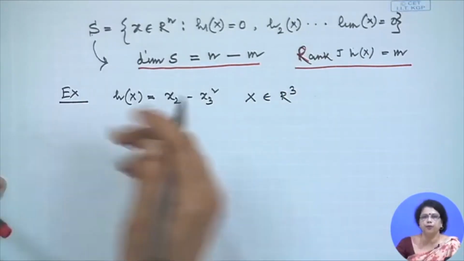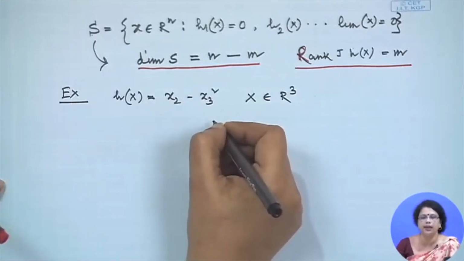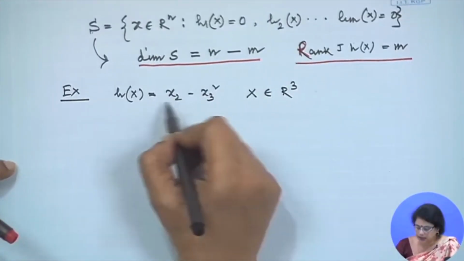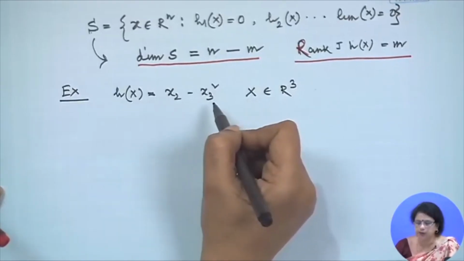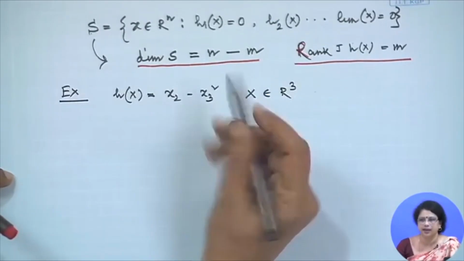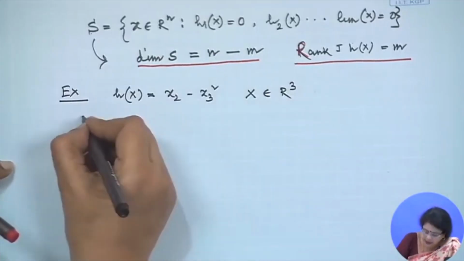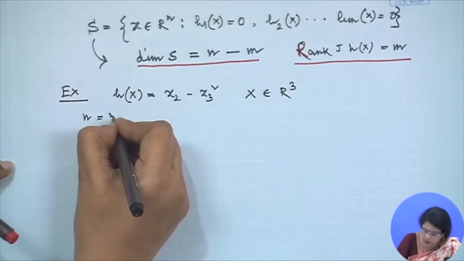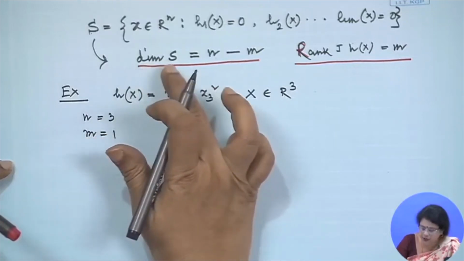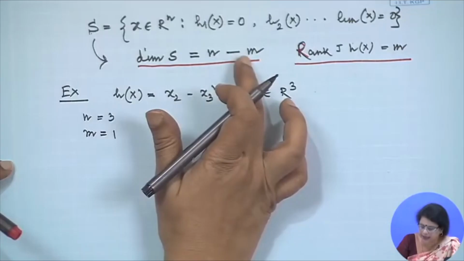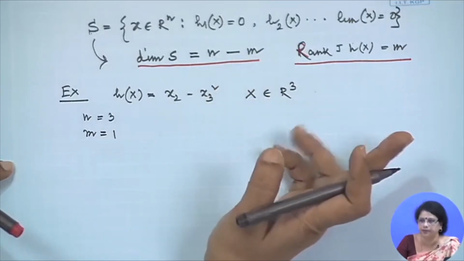When we are dealing with the regular point, we are only dealing with the constraints. The constraint does not have x1, that is true, but the objective function must have it. Here we are considering n equal to 3, m equal to 1, so the dimension of S must be n minus m, that is equal to 2.